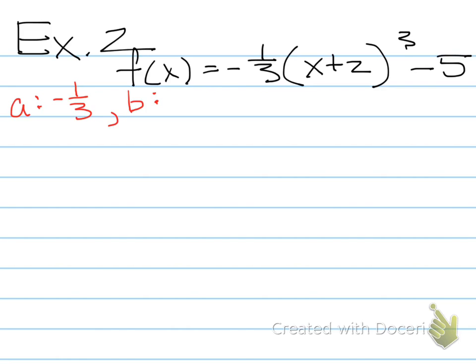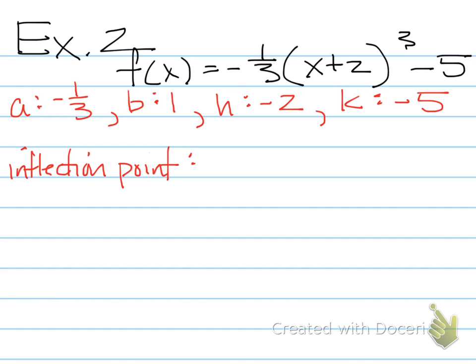We don't have any, so we're just going to put NA, or just 1. And then h is -2, because x minus -2 is x plus 2. So h is -2. And then k is the constant at the very end, which is -5.